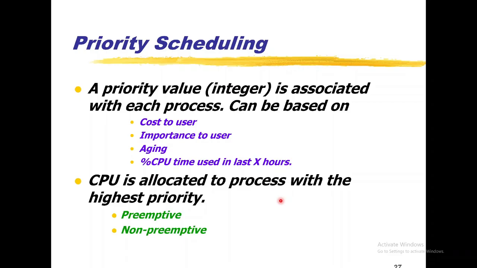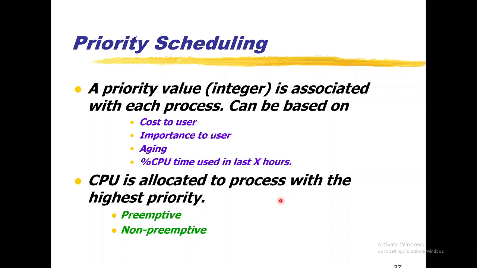Then aging: if a process has stayed so long and has not had CPU time, then we can give it a higher priority, increasing its priority until it gets processing time. Then percentage CPU time used in the last 6 hours: if a process has spent so much time and has not used much CPU time, we can increase its priority. But the one that has used so much, we can reduce it so that everything will be more balanced.